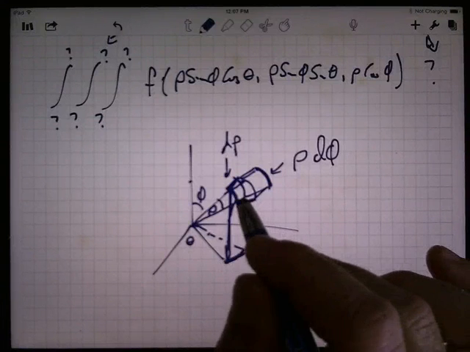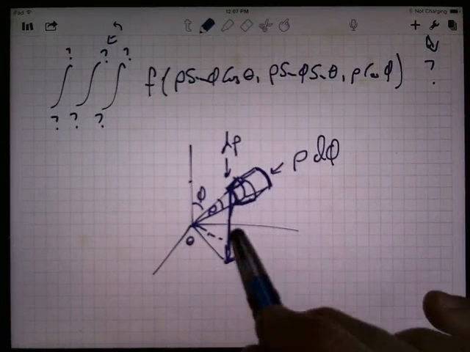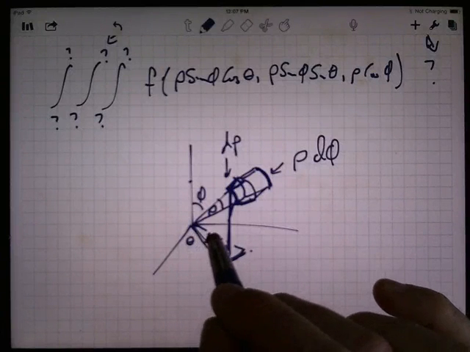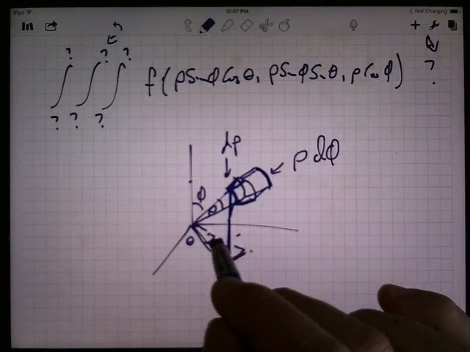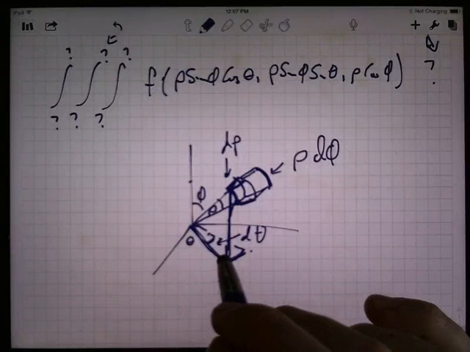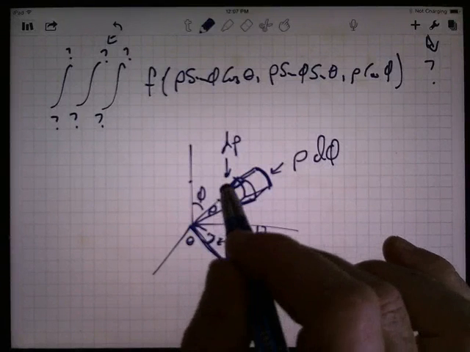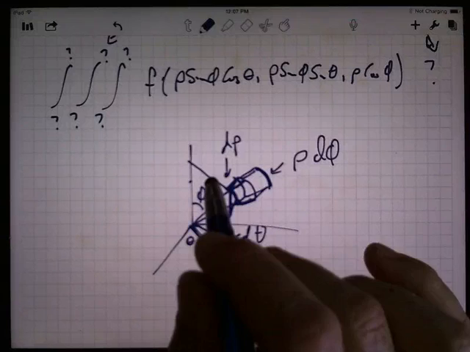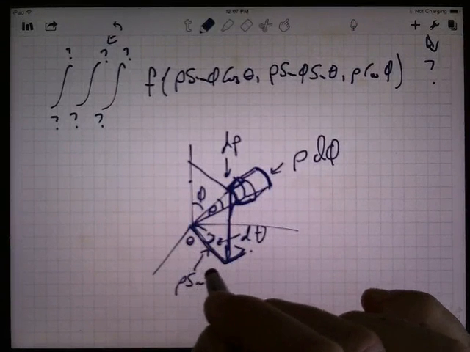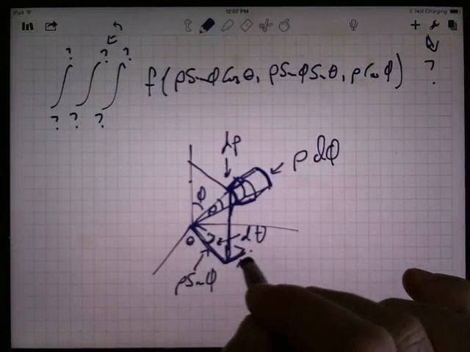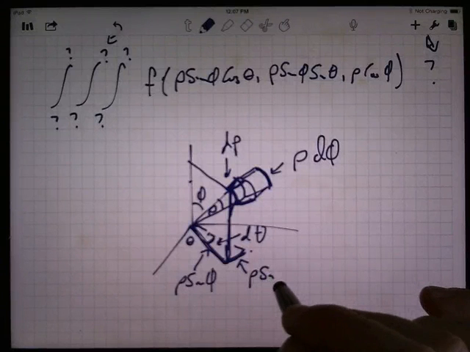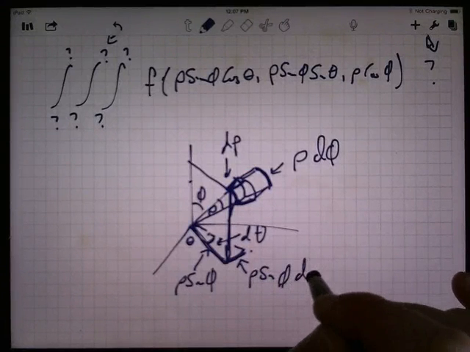So this arc, which is going to be that arc, or maybe this one up here, is whatever this length is times that change in theta. So that angle there is d theta. What's this right here? Well, this is the radius, which is the same as that, which is rho times the sine of phi. So this is rho sine phi. So this arc length right here is that radius times that angle, rho sine phi times d theta.